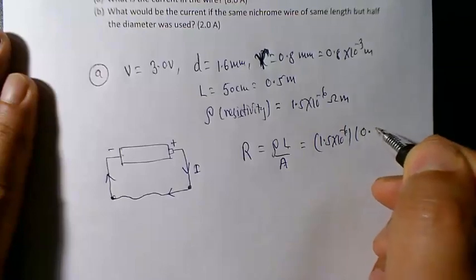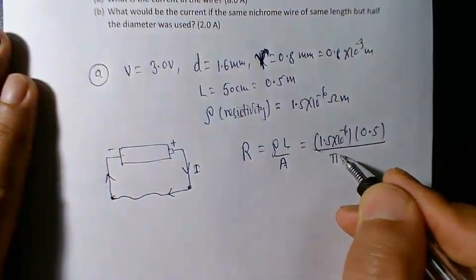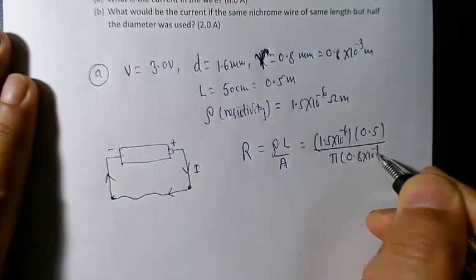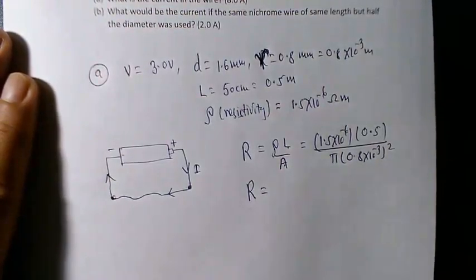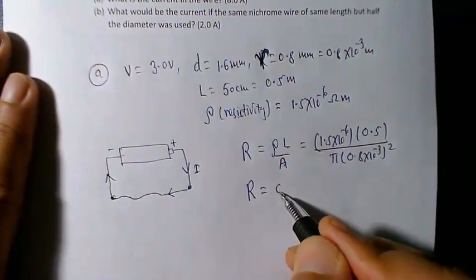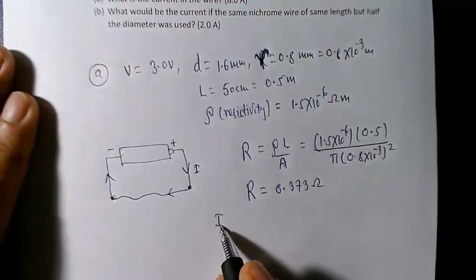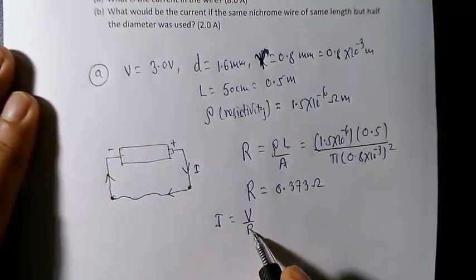Length is half a meter, and the area of cross section of a cylindrical wire is pi r squared. The radius is 0.8 and it must be in meters squared. So that's the resistance of the wire. If you do that, the resistance of the wire is 0.373 ohms. Once you have resistance, then you can find the current, because current is just, from Ohm's law, voltage divided by resistance.